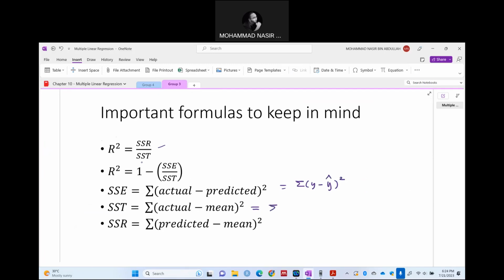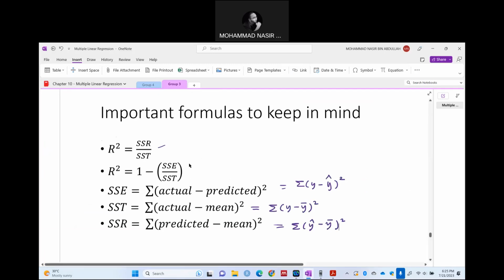This is summation of (y minus y bar) square. And this is summation of (y hat minus y bar) square. So you know that a predicted value is, you get the predicted value based on the regression equation. Right?